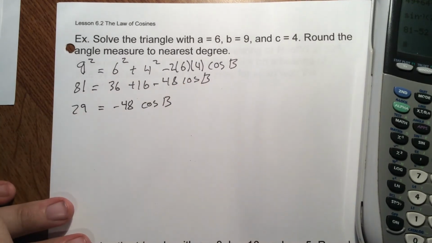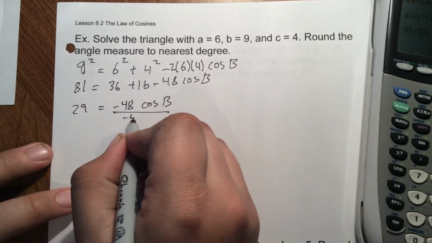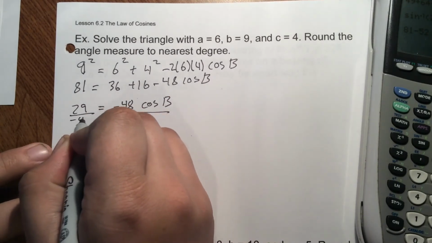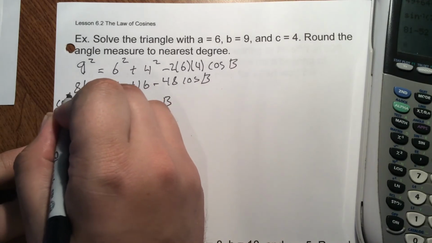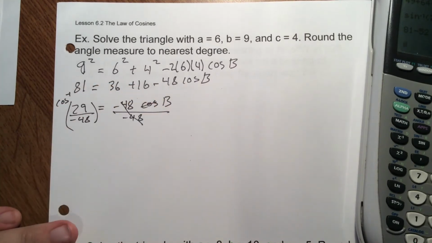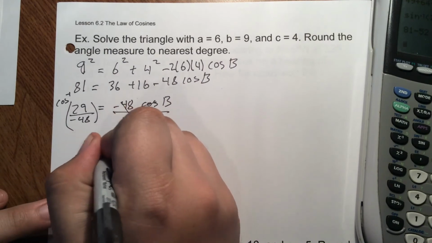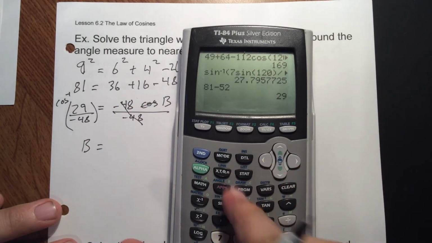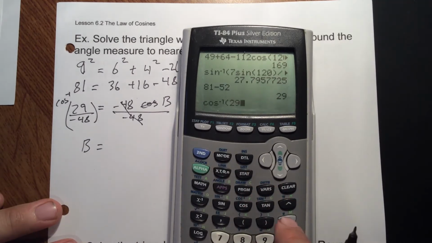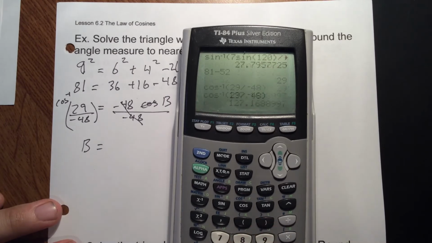Equals minus 48 cosine B. So we're going to divide then by the negative 48. And then we're going to do cosine inverse of this ratio, and that'll give us our angle B. So second cosine, 29 divided by negative 48. And we get 127.